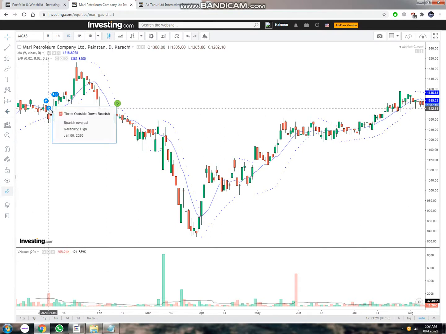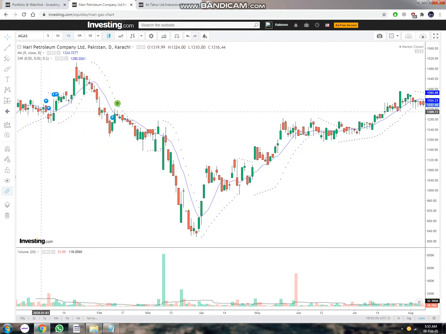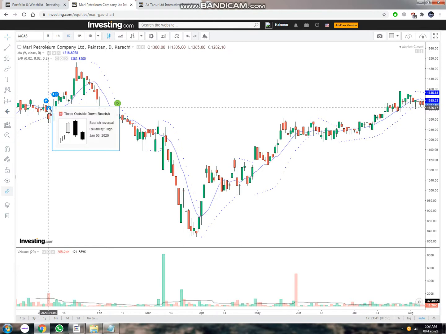Bearish reversal, reliability high, three outside down. Yes, a green candlestick and two reds show that it was a bearish reversal, and reliability was high.